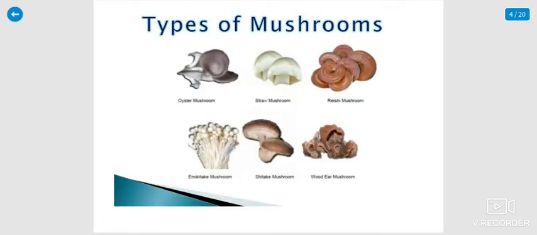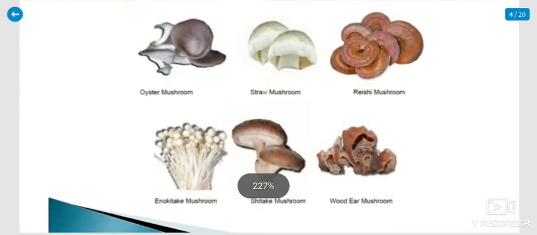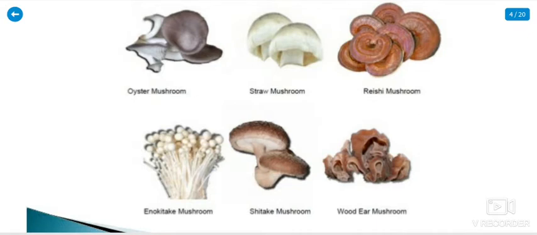Actually, a lot of types of species are available in the market. Particularly, some of the types of mushrooms available in our area, for example, the brownish oyster mushroom, straw mushroom, another one is reishi mushroom, and then enoki mushroom, which is also edible.